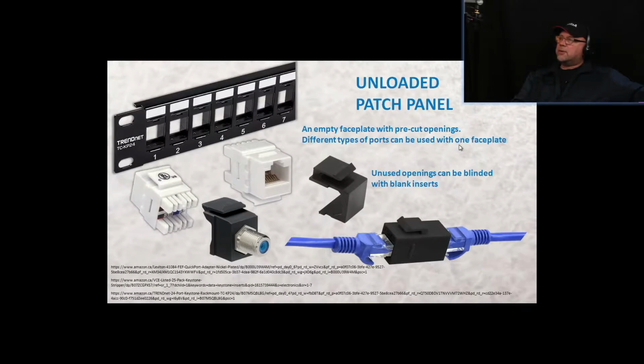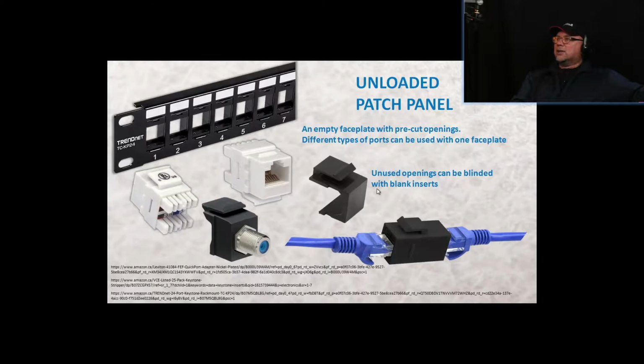So now the possibilities are opening up for us, because if you have just a faceplate with a bunch of pre-cut openings where you can insert jacks, you can put the category cables, like Ethernet cables there, and you can terminate them and snap them into those openings.